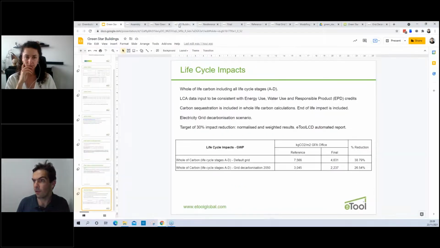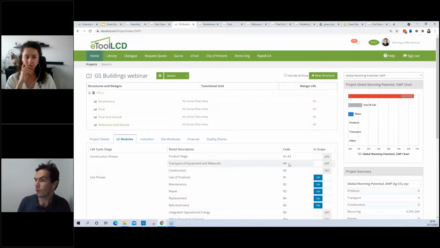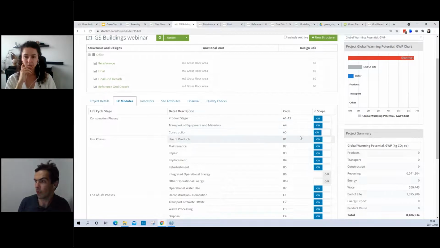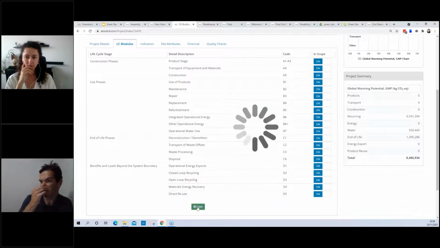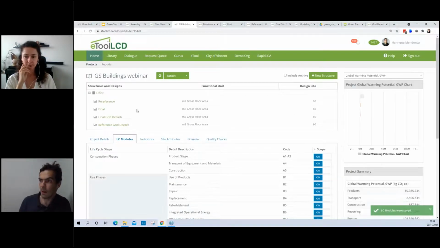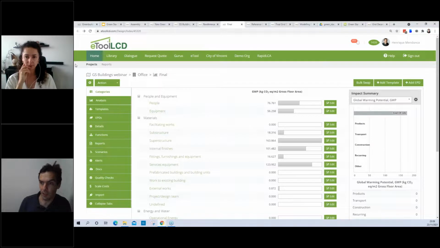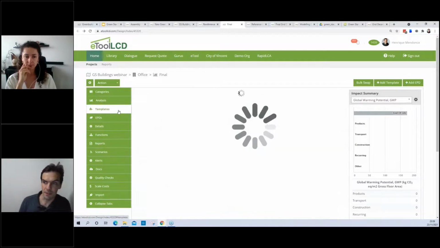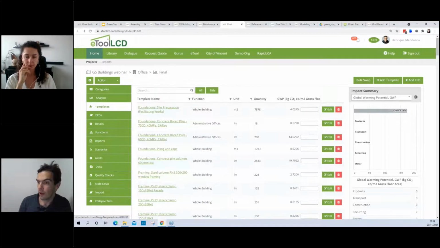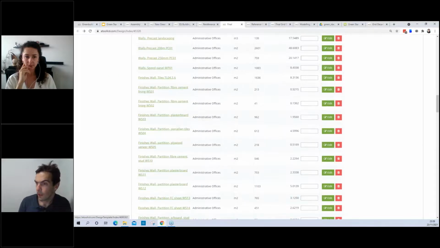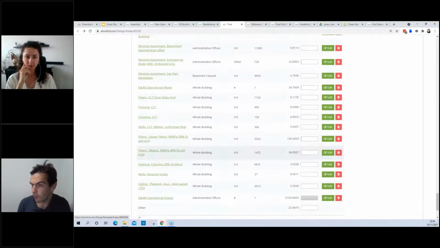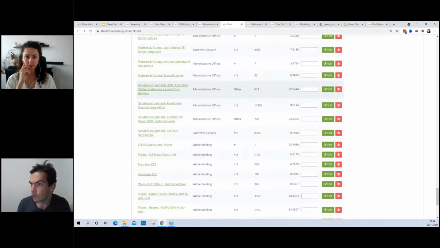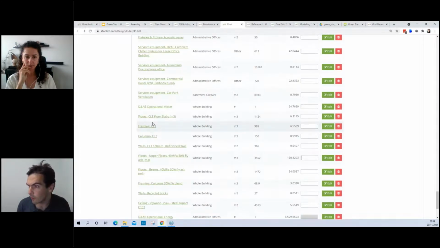On a whole life scope, the full life cycle scope from module A to module D, if we bring up that same component that I showed earlier, let's say a CLT floor, there's a lot of different templates for this project. Just try to grab one of these.